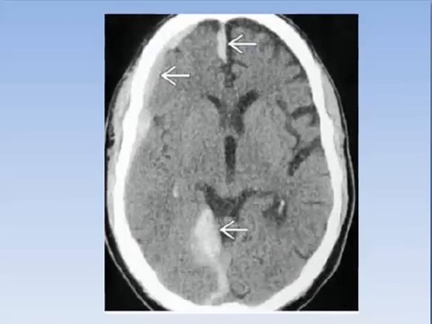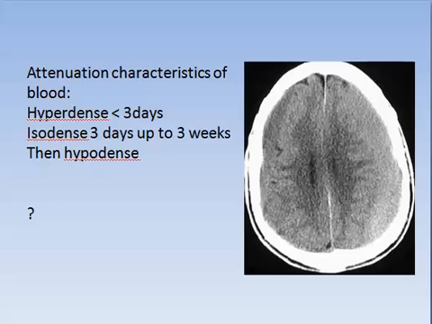Subdural hemorrhage extending into the tentorium edge. Here we have a different attenuation: here the attenuation is slightly hyper, but here it is iso.